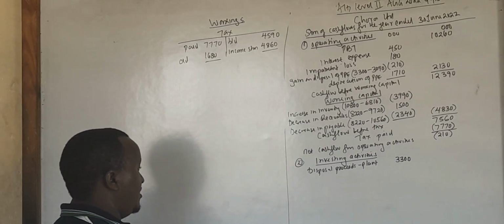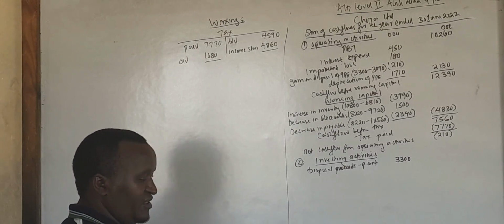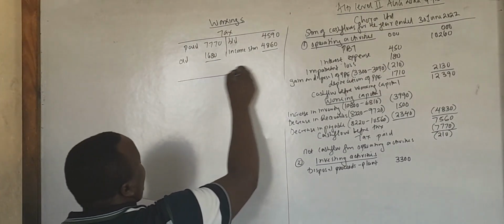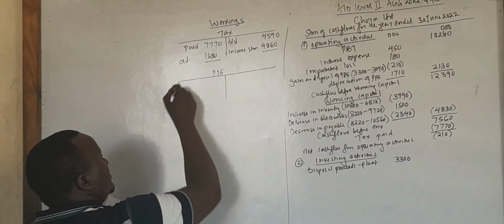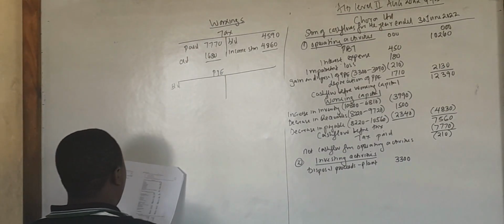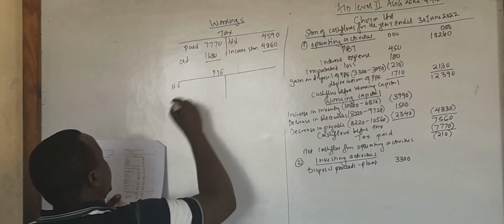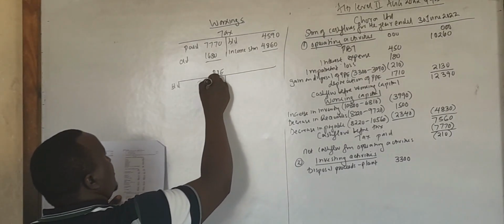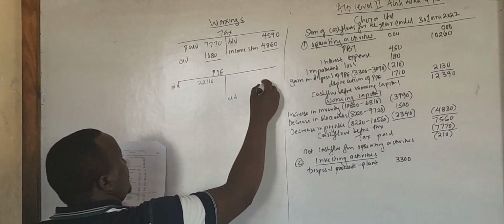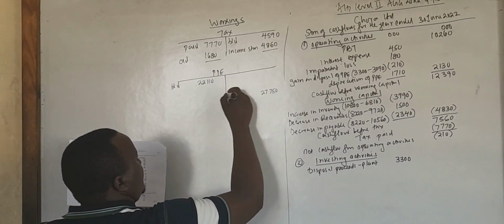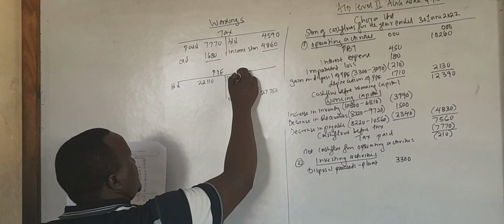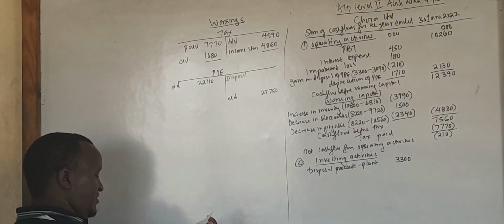And we start with the PPE. We had a breakdown of what? PPE of 22, and carry down 7,750. And we disposed what? The disposal in note number 3.